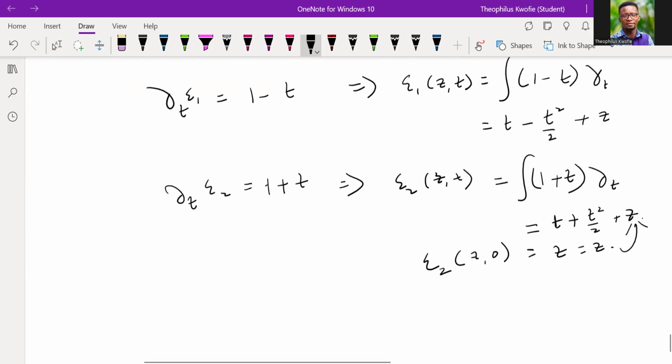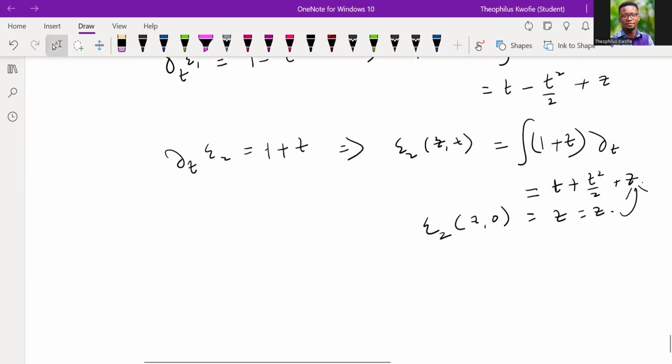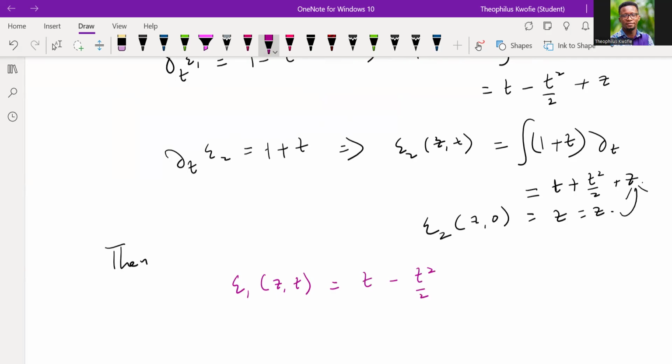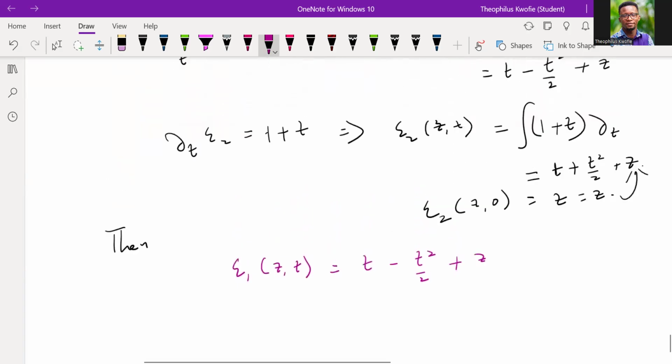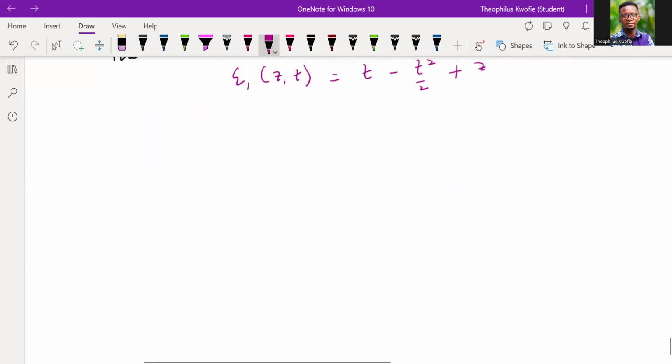Okay, so wherever you see z, we still have the same thing. Good. Now we already know what we are having. Then now we have our xi1(z,t) to be equal to what? t minus t squared on 2 plus z. But remember that your xi1 is the same as your x1.